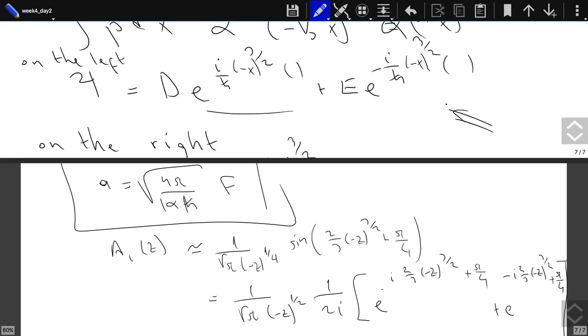We have both of these exponents, these two. There are these unknown coefficients, d and e. Those are already known on the other side, so just comparing the two, you can extract what d and e should be in terms of f.